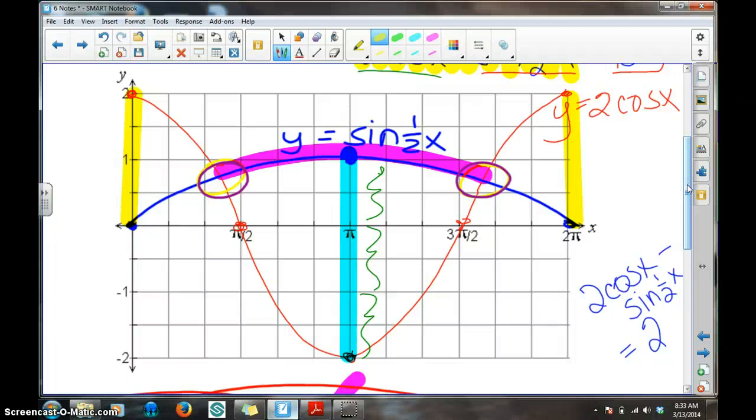I could have written this one, same equation, and I would have gotten the same exact answers: where is sine 1/2 x minus 2 cos x equal to -2? Meaning the sine graph is higher than the cosine graph by a value of -2. It's not higher, so it'd be the same answers. That's the same exact question, and if you look at it algebraically, it's the same exact equation. I've just kind of moved things around.